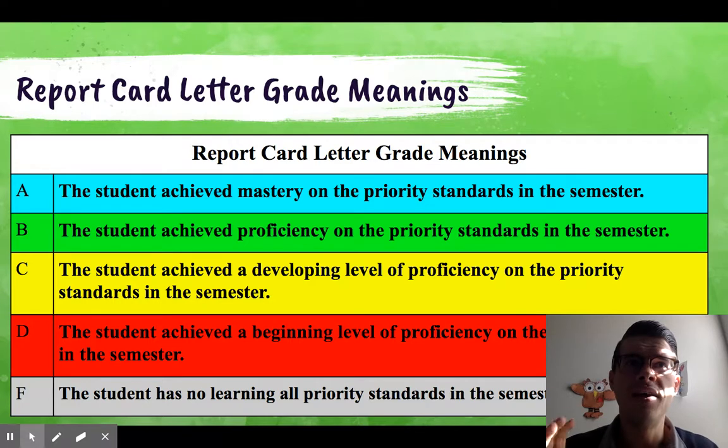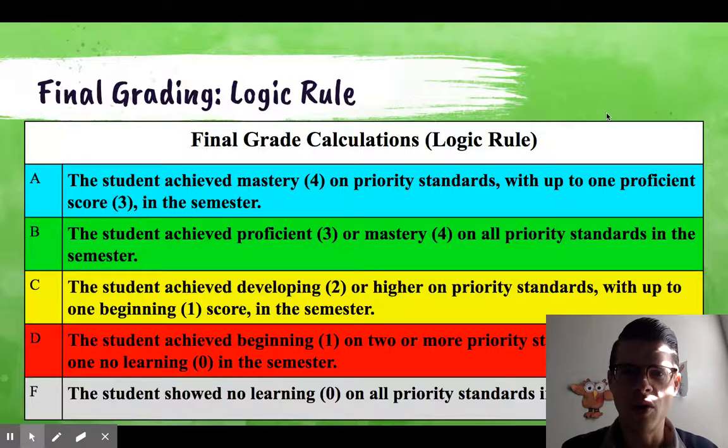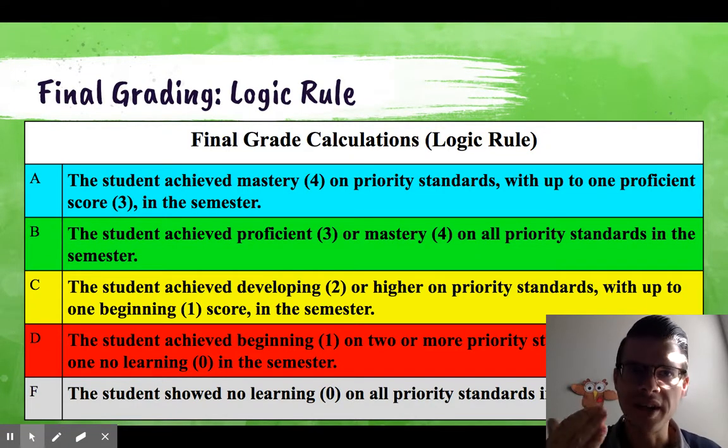So I want to make this very simple, and I want it to be logical about how your grade is calculated. So this slide shows exactly how your grade is calculated. This is it. This is all that I use. I'd like you to understand it, and this is how I calculate your report card grade. To get an A, you need to score mastery on all priority standards, right?